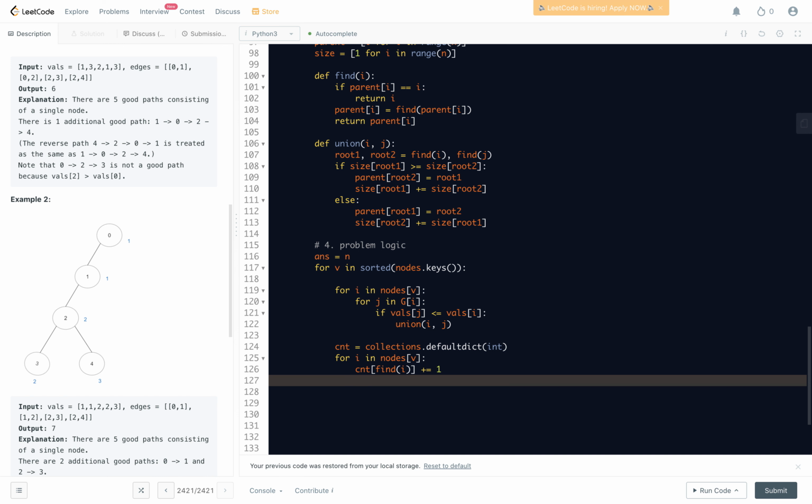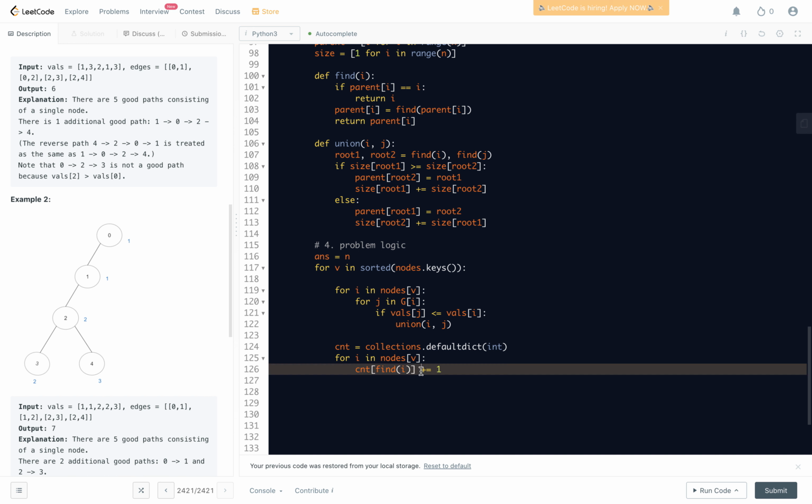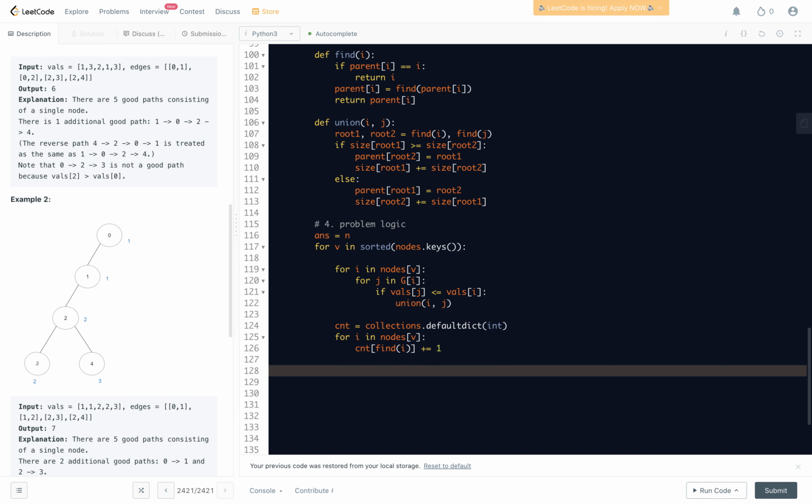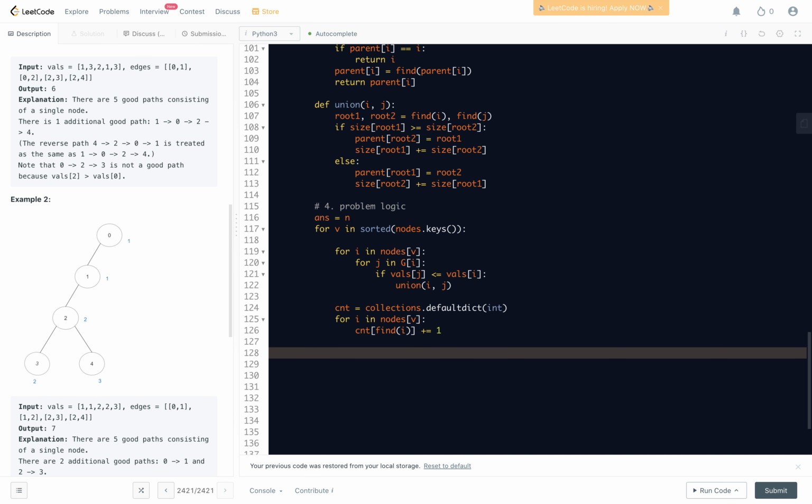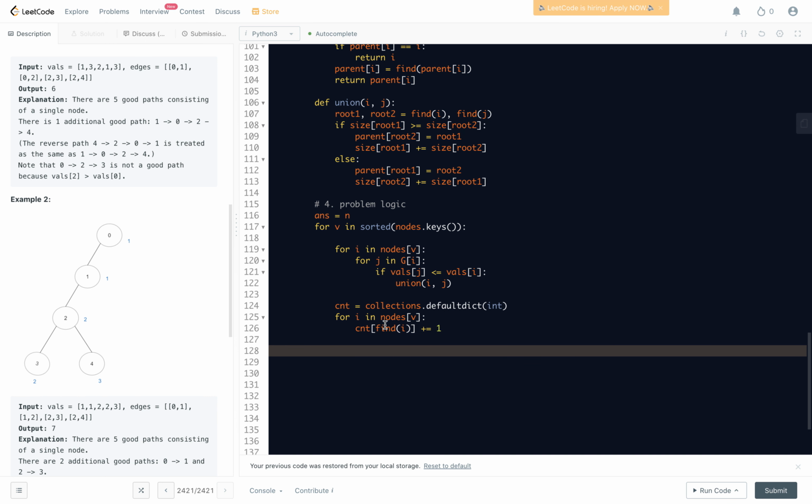So then we are going to find the representation of the cluster, connected component or subtree, and then increment that count by 1. So this find i, or this root, is a representation of that subtree, and this increment by 1 counts one instance of a node with value being v. So this is the case.